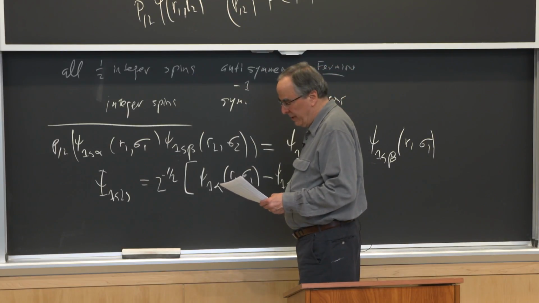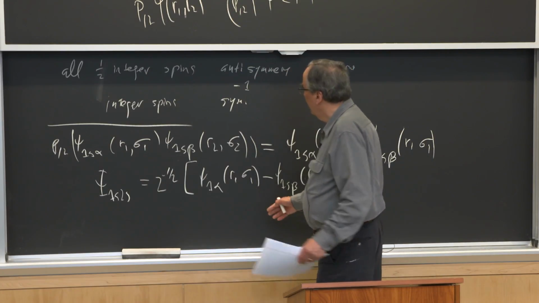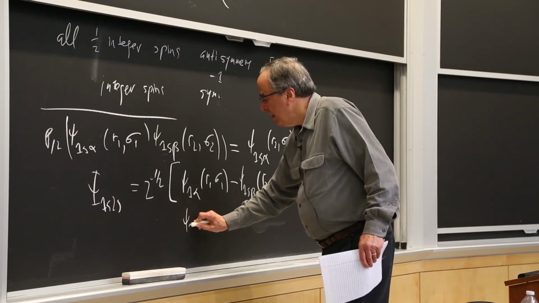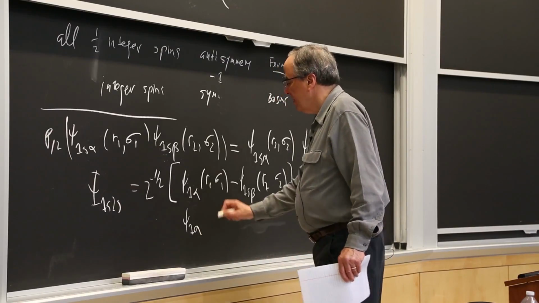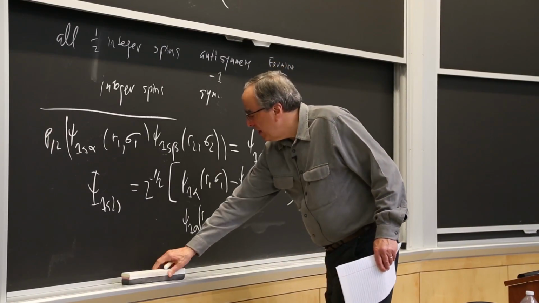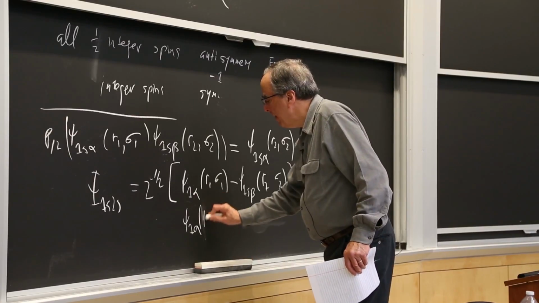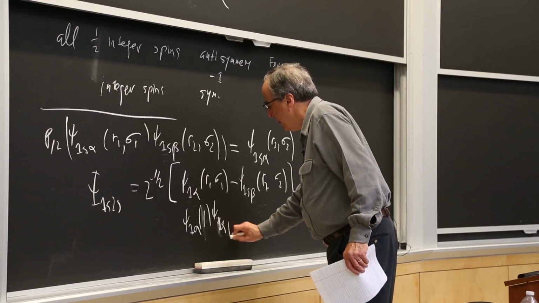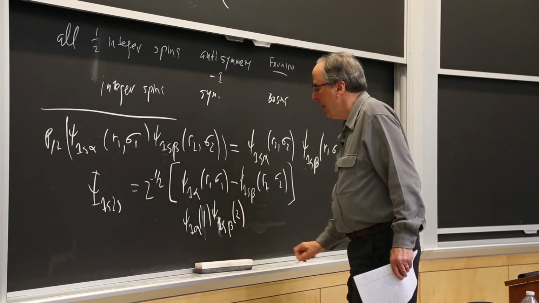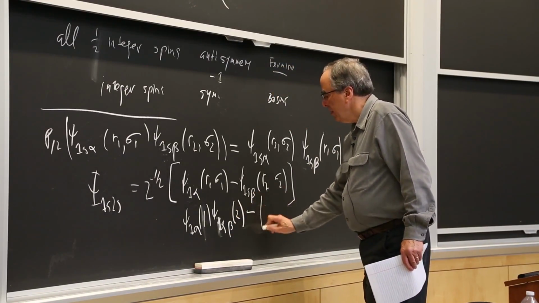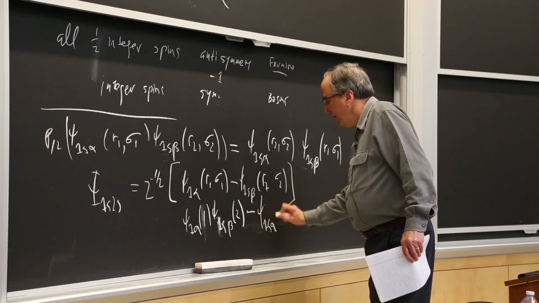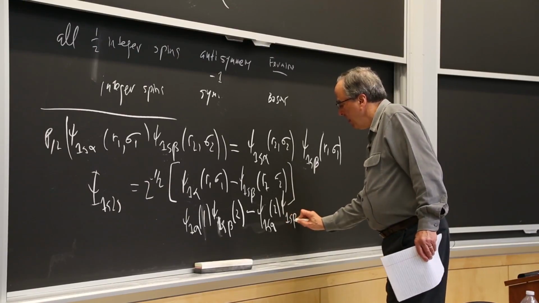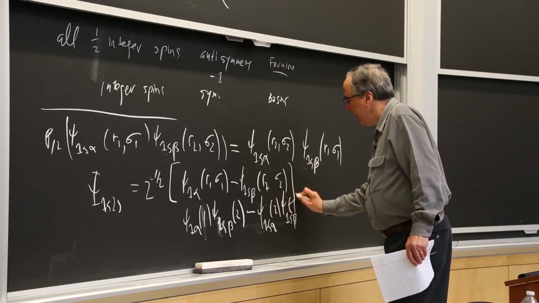I just want to see what I wrote here. So, yeah, what I wrote is wrong. 1s alpha, and we'll just put 1 in here. 1s beta 2 minus 1s alpha 2, 1s beta 1.